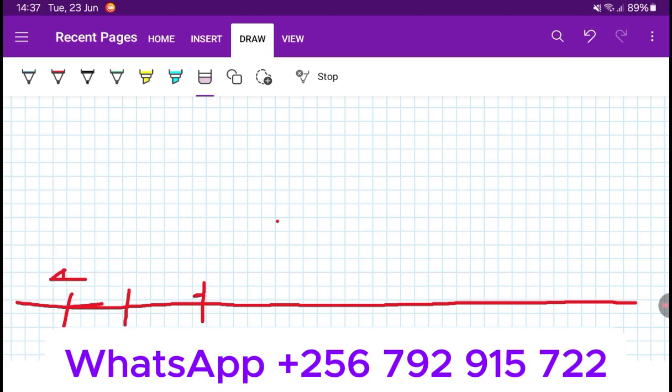And the numbering, so let me put it here, because I have only 3. Let me assume I was given only 3 values.